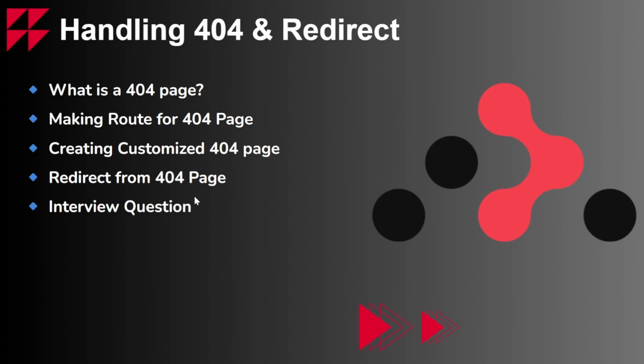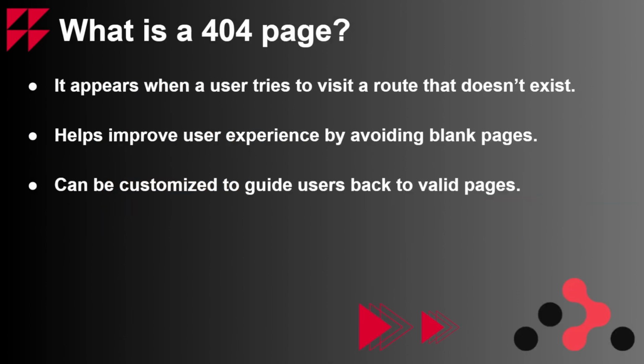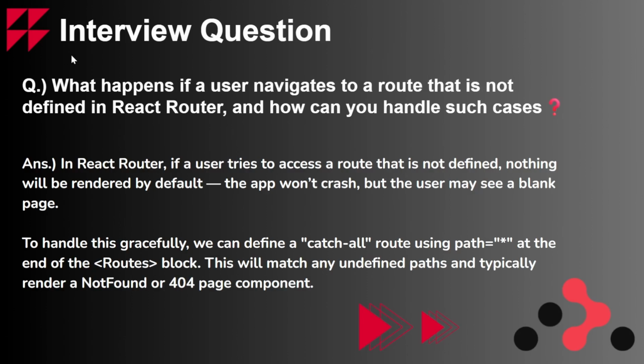Now let's see the interview question for us. The interview question for today is the same question that I asked you in the last video: what happens if a user navigates to a route that is not defined in React router, and how can you handle such cases? The answer was, in React router, if a user tries to access a route that is not defined, nothing will be rendered by default. The app won't crash, but the user may see a blank screen. That is what we saw initially, and to handle this gracefully, we can define a catch-all route using path star at the end of the routes block.